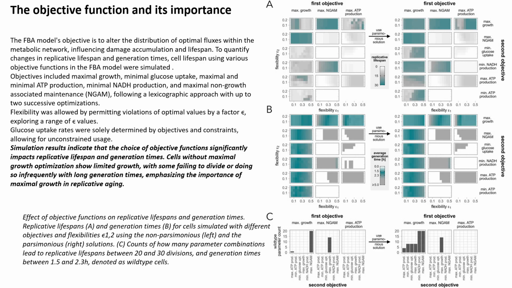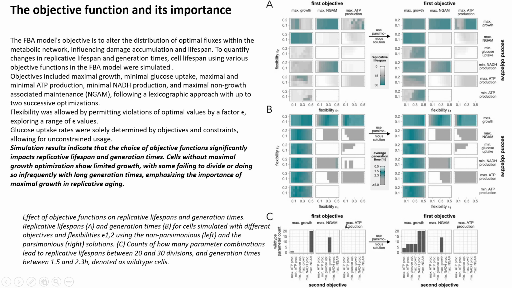So basically, this is a panel showing how the objective function is changing the results. This A panel is for generation times, and B are for cells simulated with different objectives and this flexibility of these epsilon values.